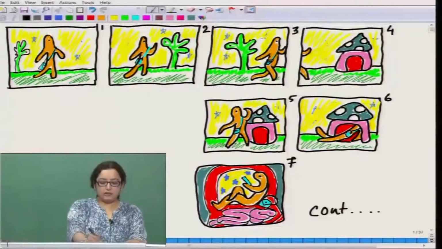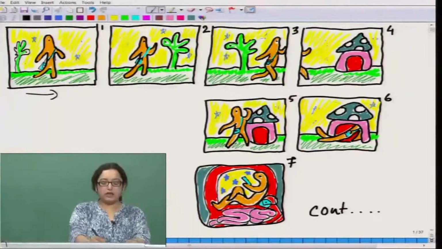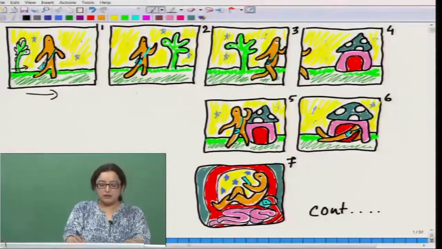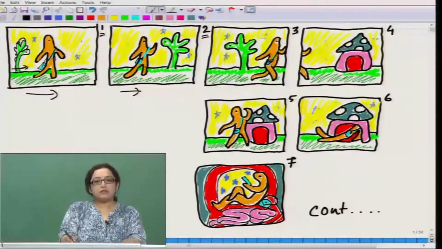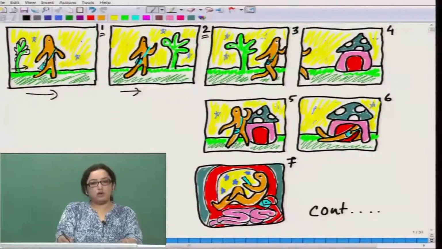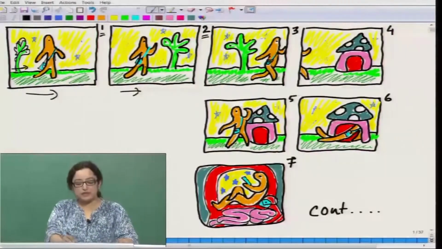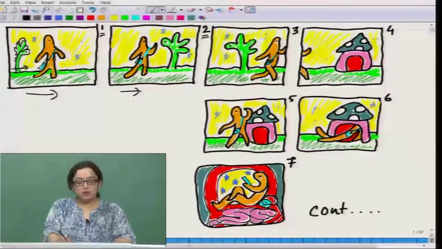Like if this is our main character who is in a journey, he is following a path where he covers one tree like character that is there, he passes through it, he reaches here in the next sequence, that is the sequence 2. So, from 1 to 2 it is a journey, but we read it in a different order as we do that in comic strips, that he is coming from here to here.